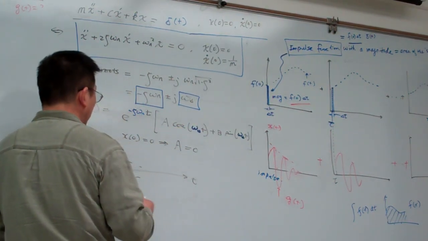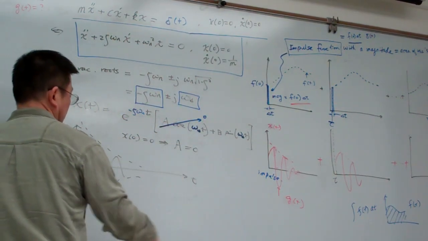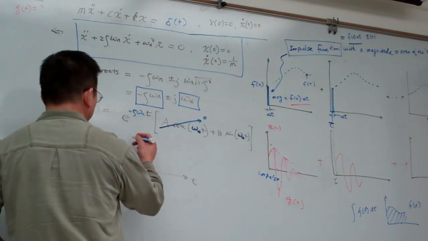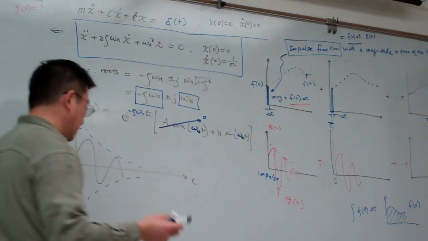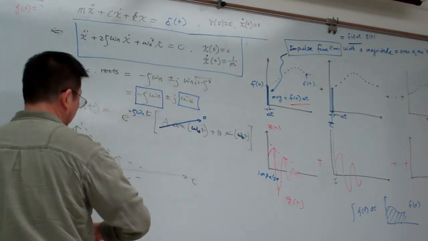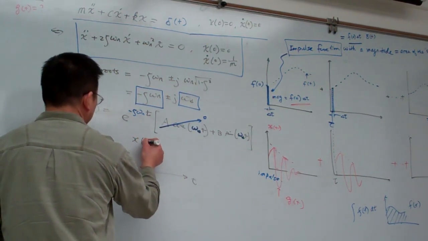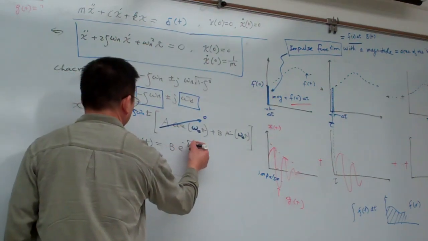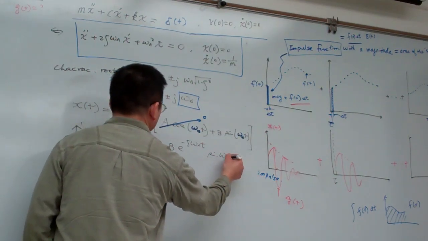For this case, let me knock out this term. In this way we have x of t equal to B times e to the minus zeta omega n t times sine omega d t.